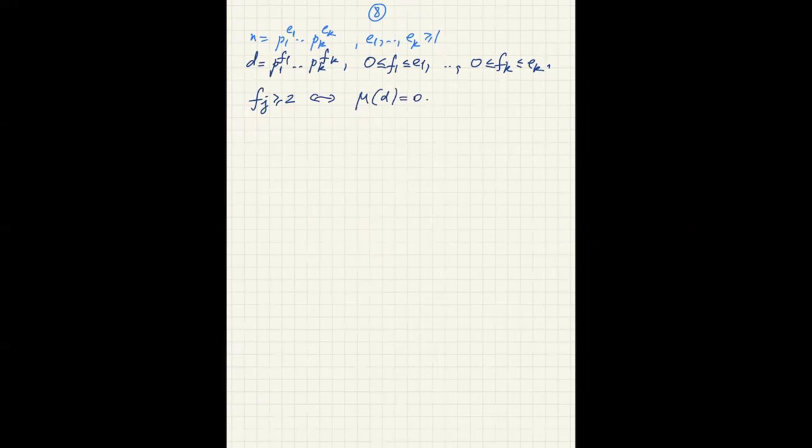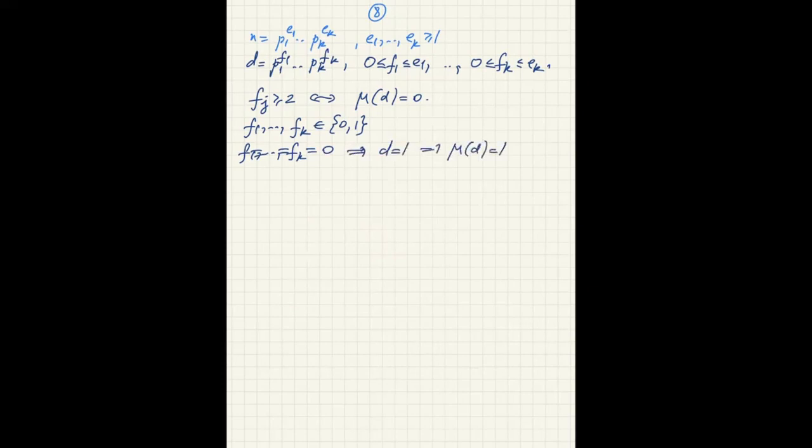So mu d won't be 0 only when f1, ..., fk are all in the set of zeros and ones. If all of them are 0, then we have d equals 1, and so in that case mu of d is 1.